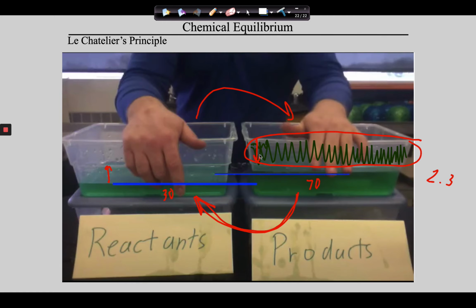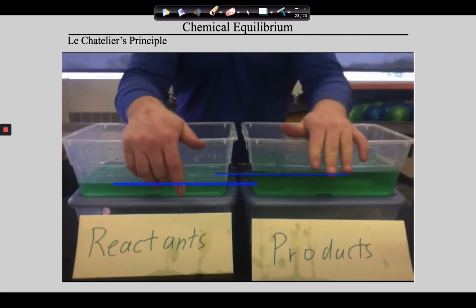Now, you want to guess where that's going to stop? It will actually stop at that 7 to 3 ratio. Of course, it can't go back to 70 to 30 because we've got more water than we need, but it would go back to that same 2.3 to 1 ratio.